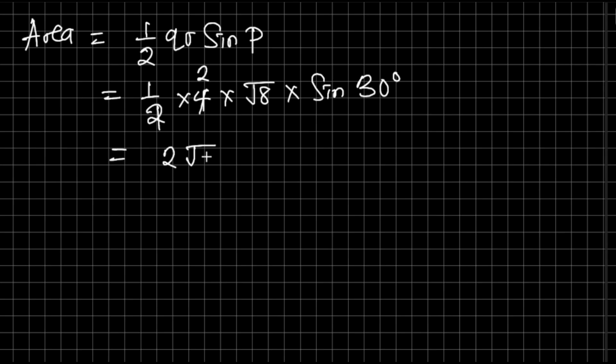So we have 2 root 8 multiplied by 1 over 2. So 2 cancels 2, and that is root 8.